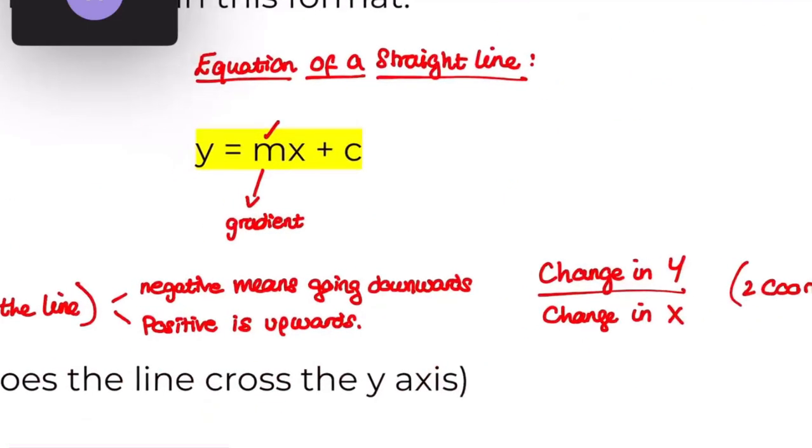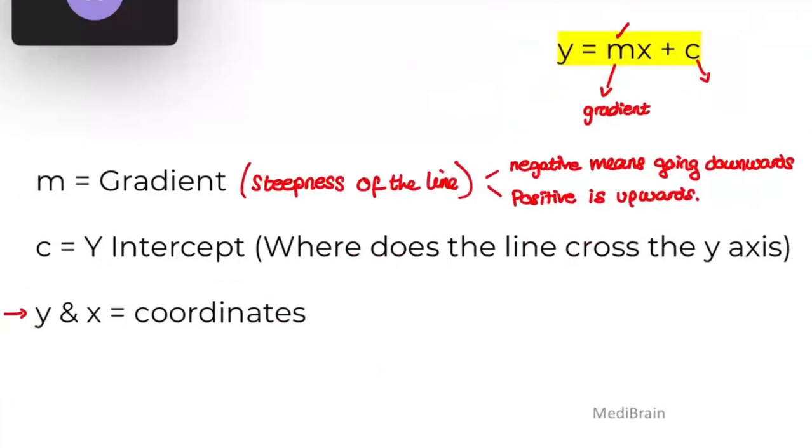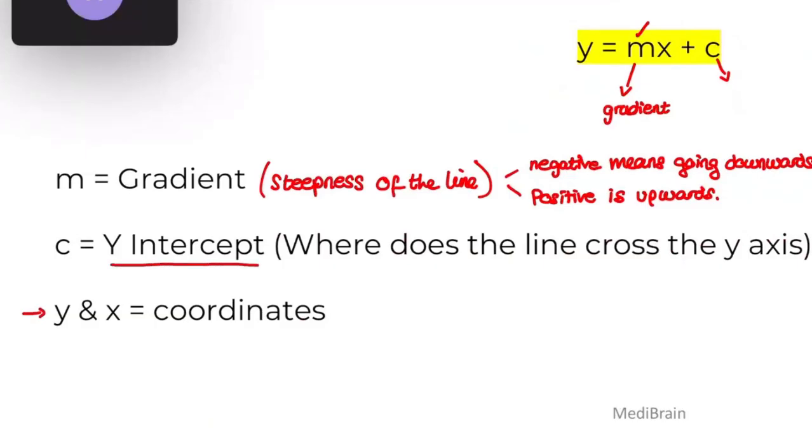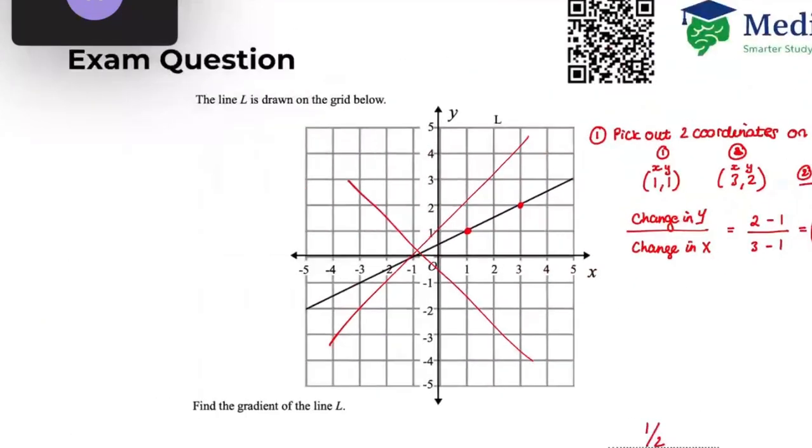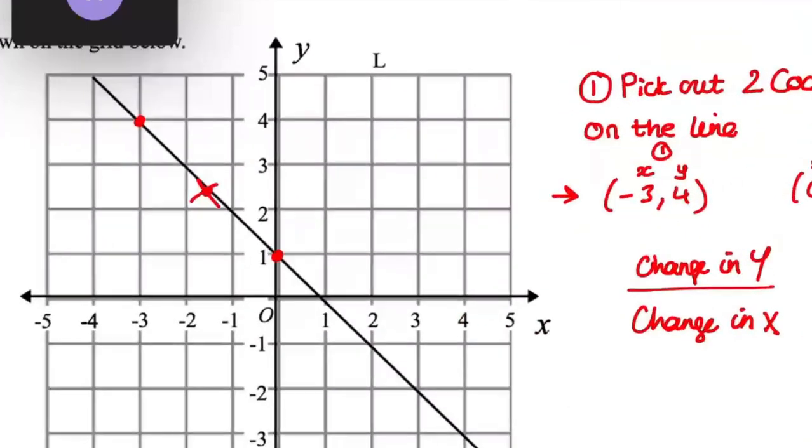Now, what does this c actually mean? This c means the y-intercept. If something intercepts something, that means that it basically crosses over that. Let's look at this line.